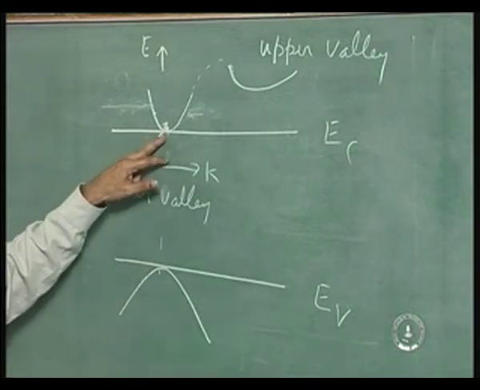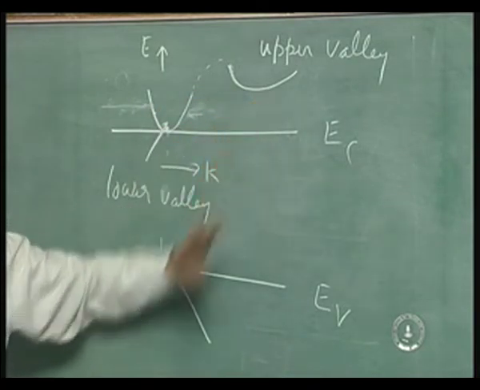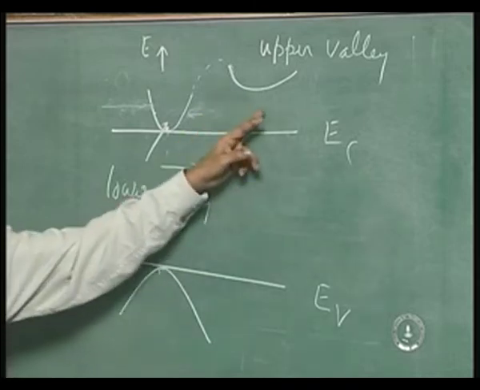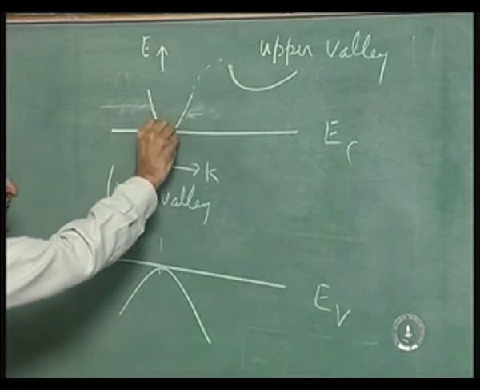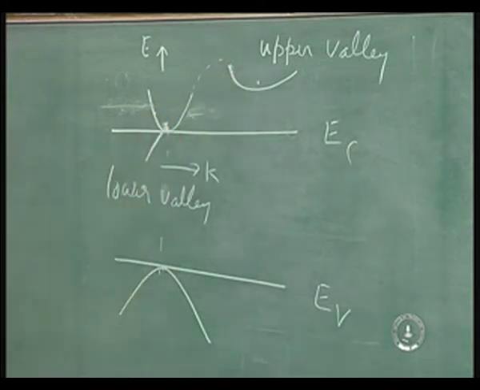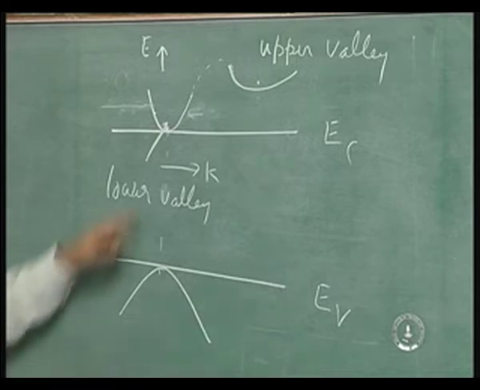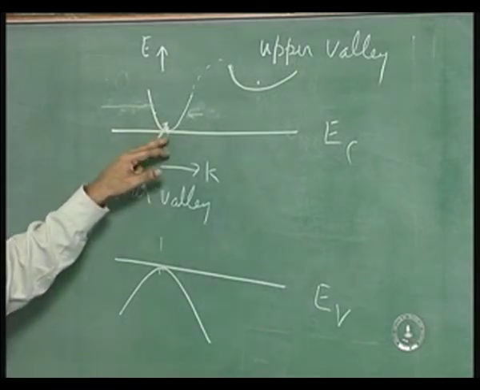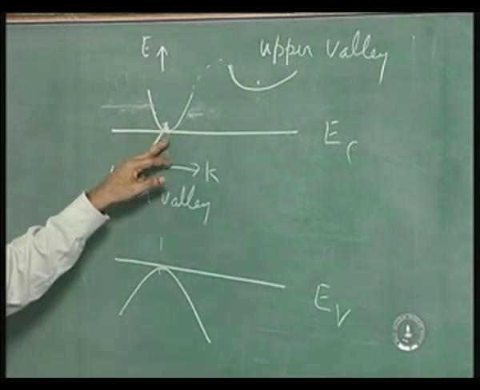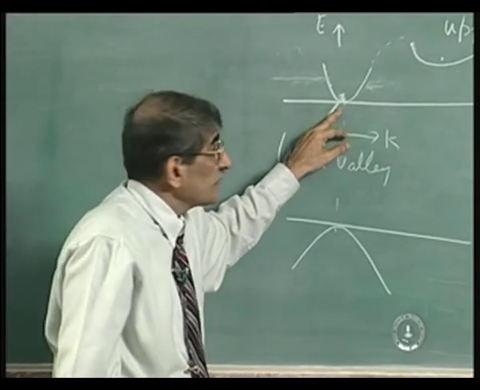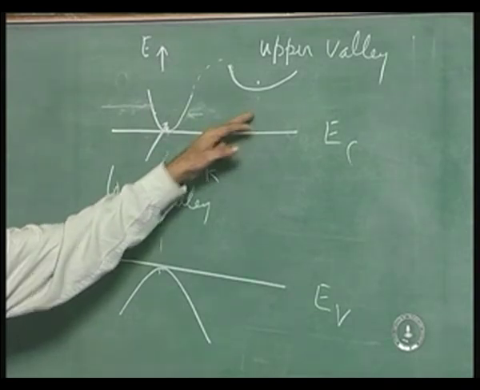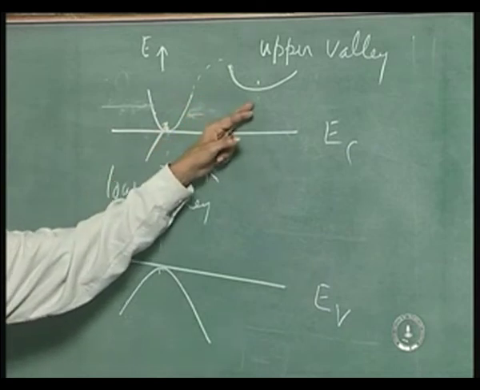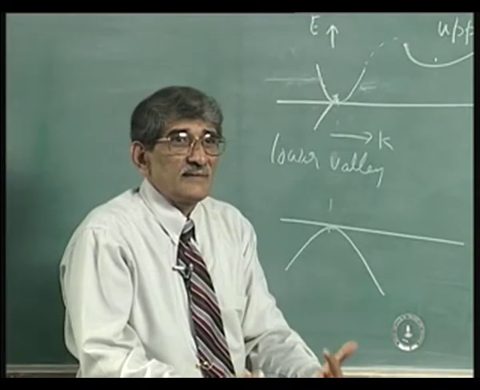And this is flatter, that is why I have drawn it flatter. More precisely, the effective mass of electrons here is smaller compared to that. So, if the electron is in this region, the effective mass is smaller. If the electron is here, the effective mass is higher. If the electron is transferred from here to here, suddenly it finds itself heavy.